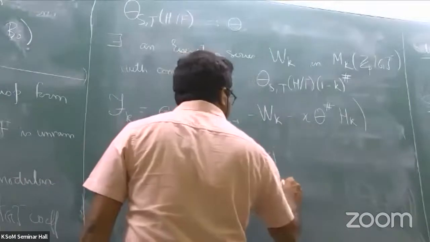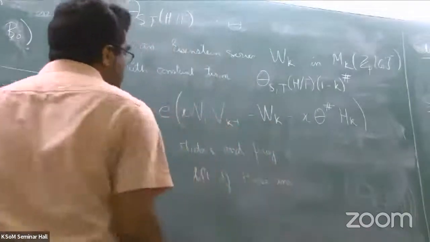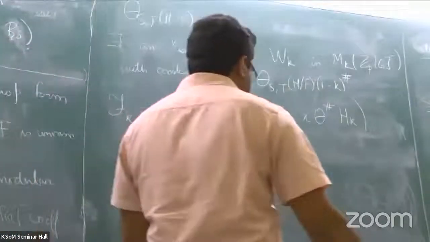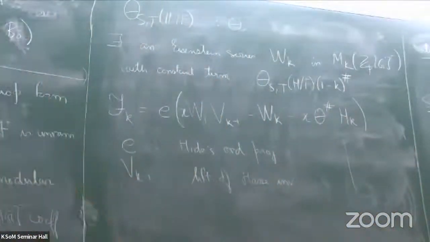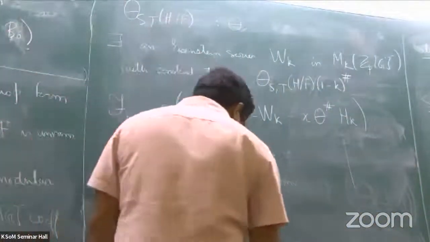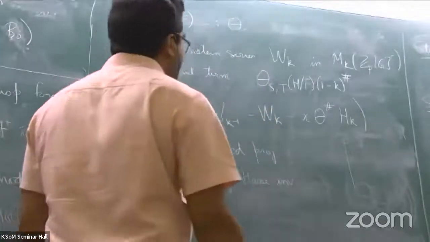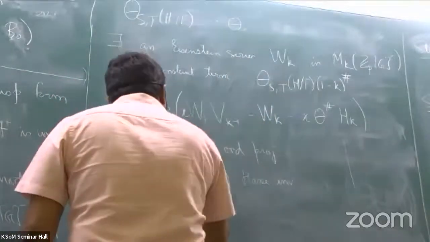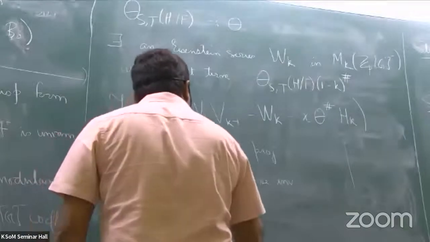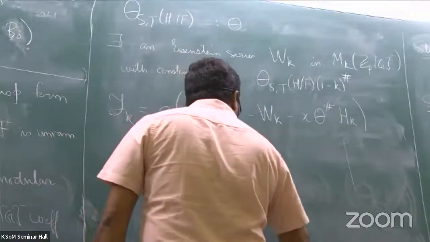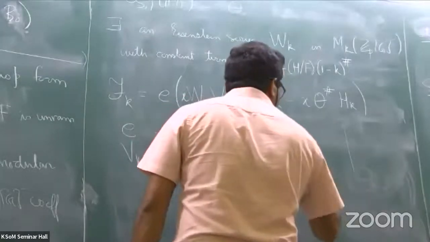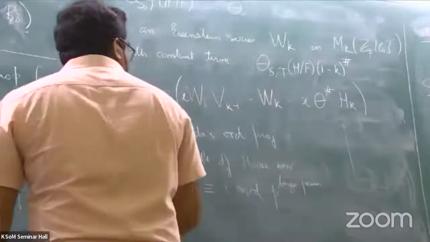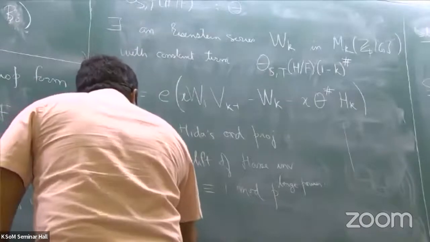So this is a weight k minus 1 level 1 modular form, which is highly congruent to 1, congruent to 1 modulo a high power of P. So V_{k-1} is congruent to 1 modulo P to some large power, depending on k.